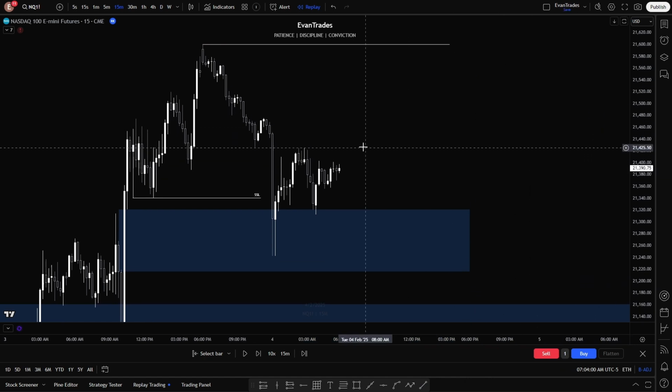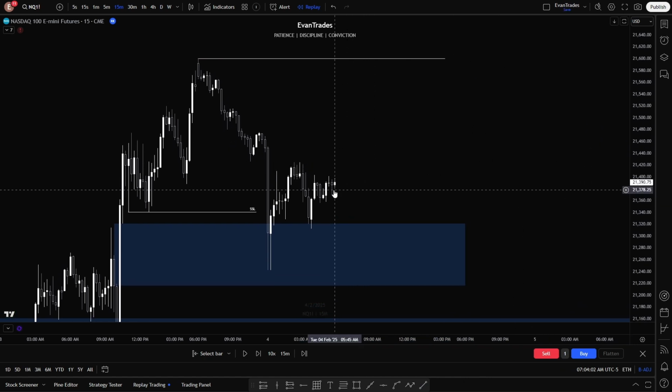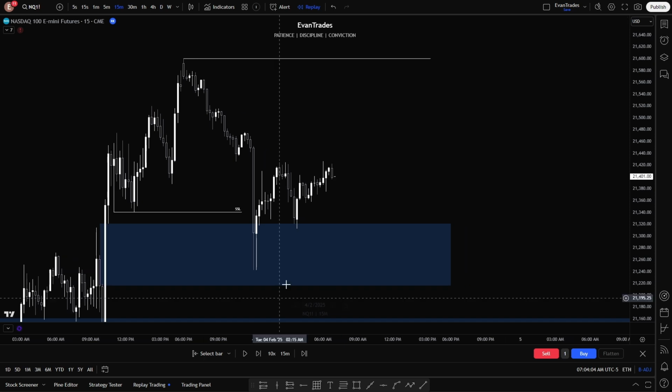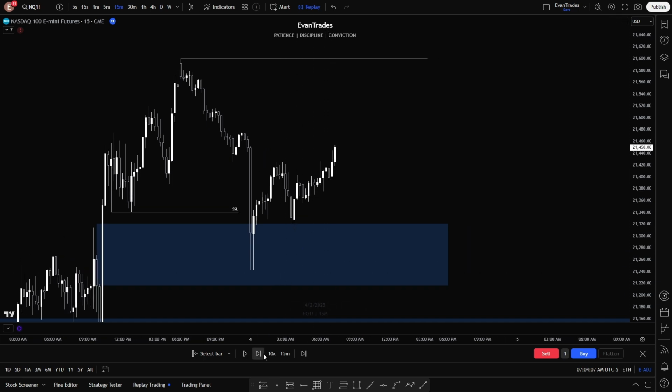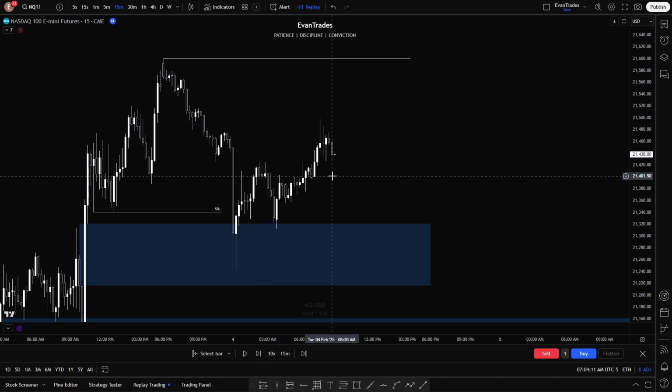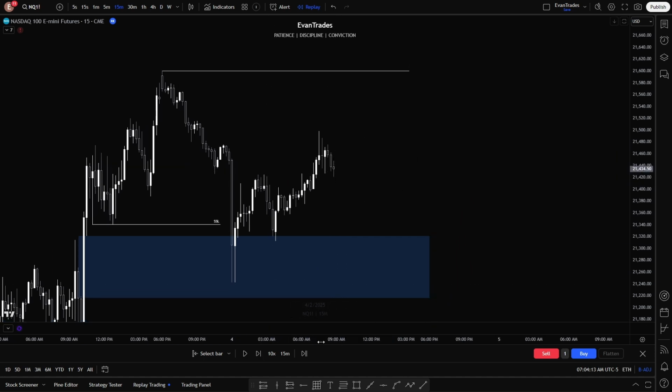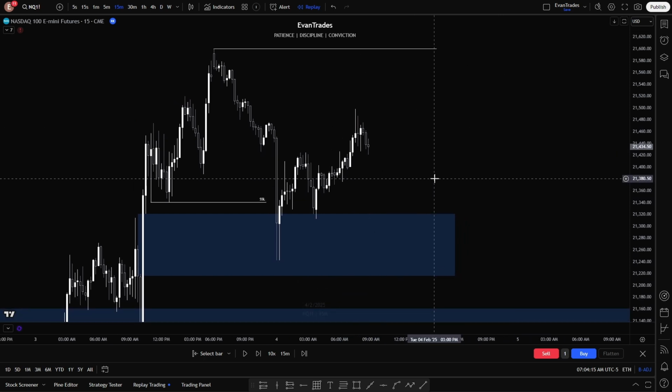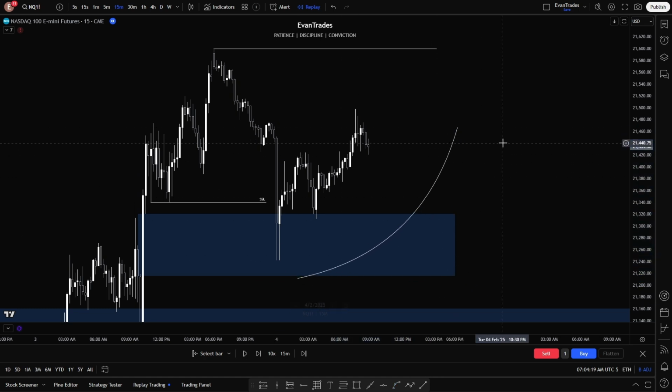Now, looking at this, well, let me go closer to market open. Okay. So this is right before market open. We're starting to see buy side of the curve now. So this is awesome.